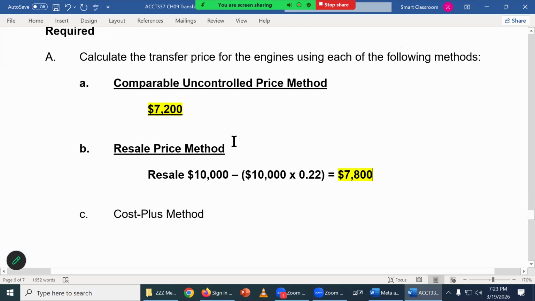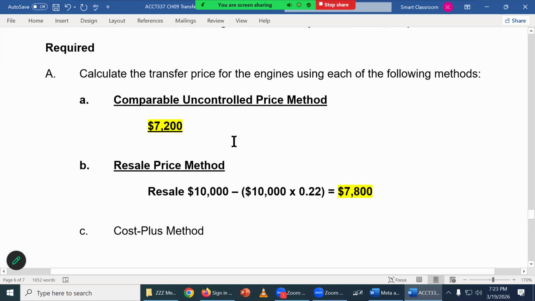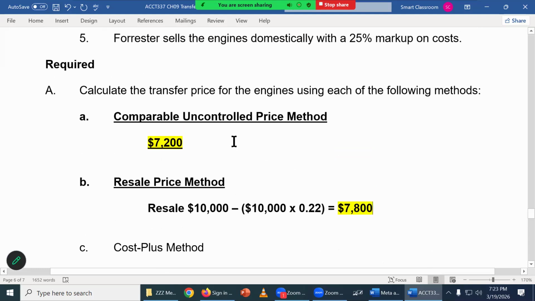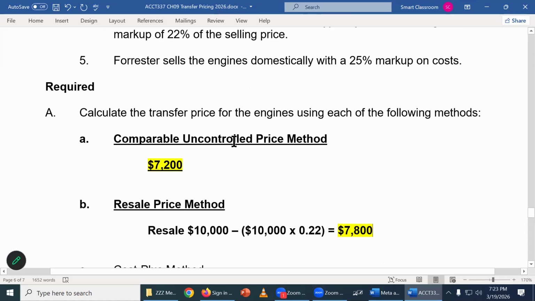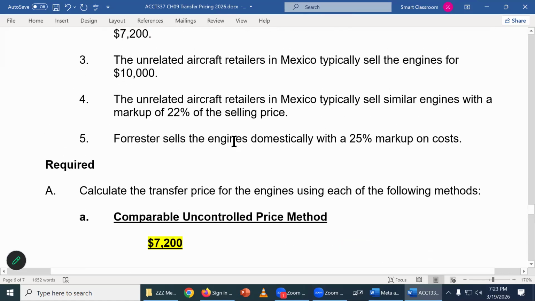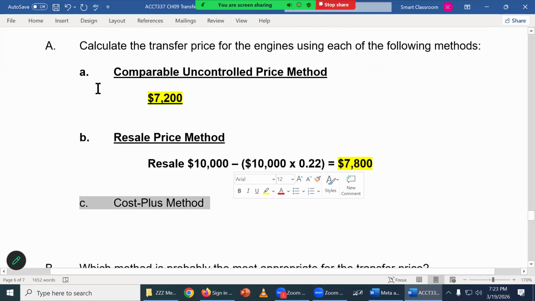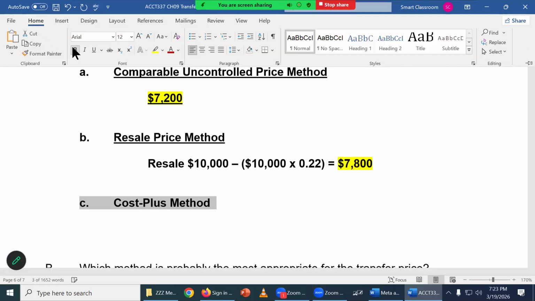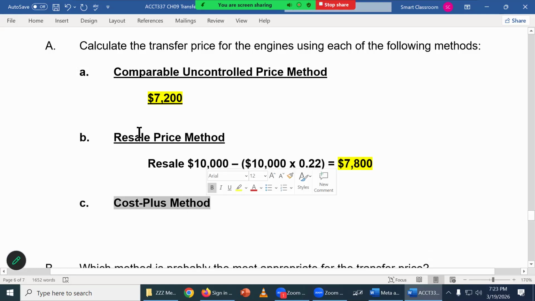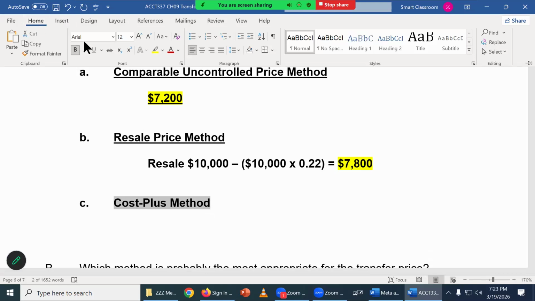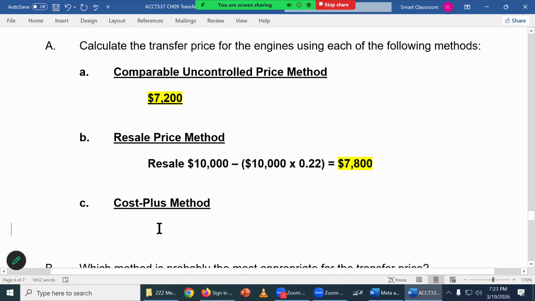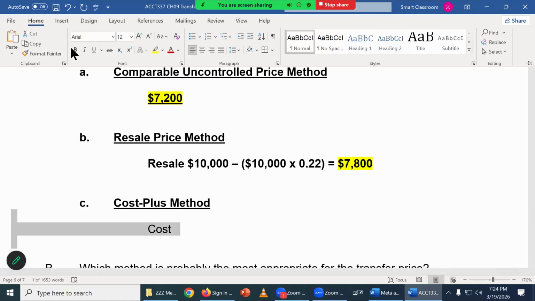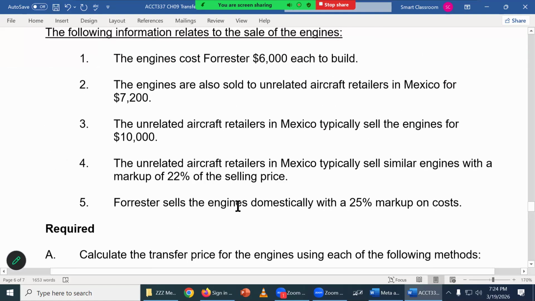All right, so comparable uncontrolled. Cost plus would be what? The cost was what? They actually gave us the cost of this one.